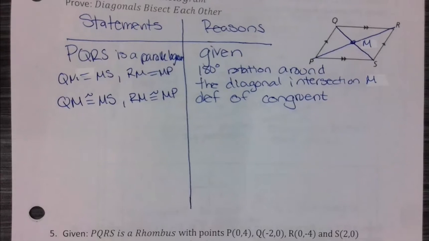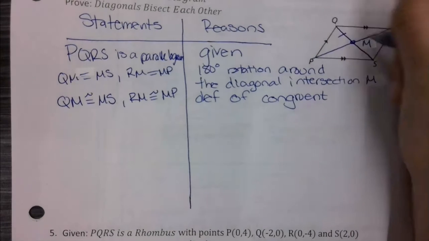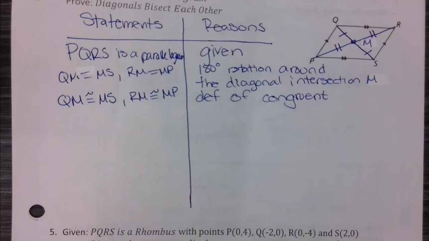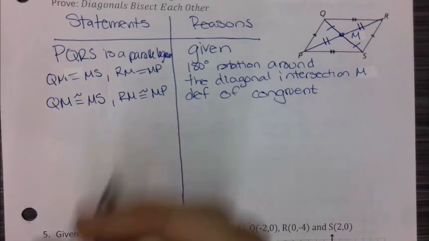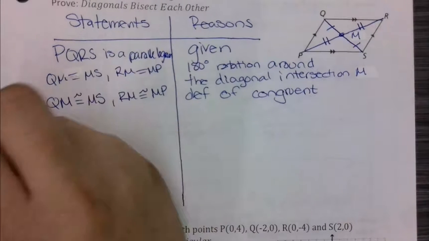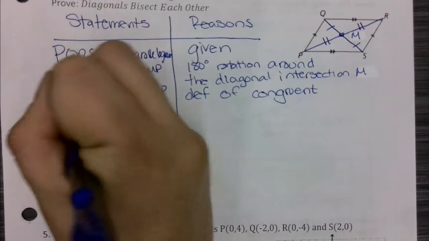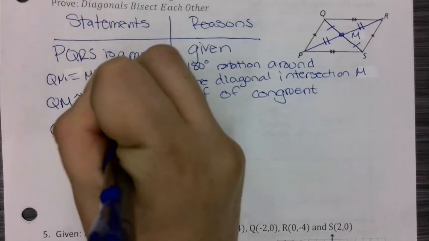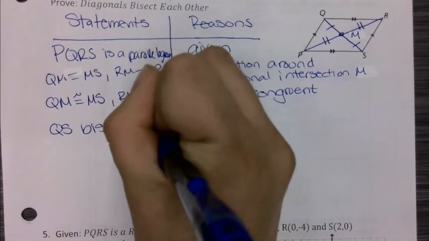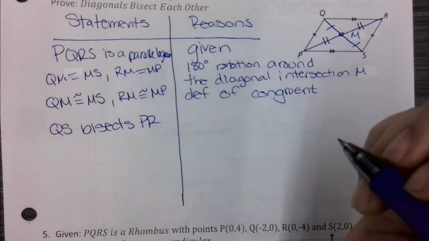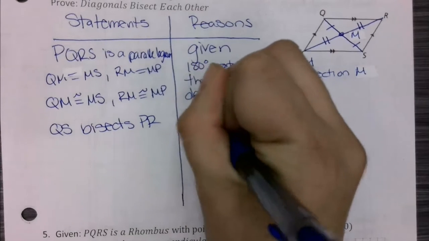Third one is definition of congruent. So now I've said that this is congruent to this, and this is congruent to this. So now I can end with QS bisects PR. And that's definition of bisector.